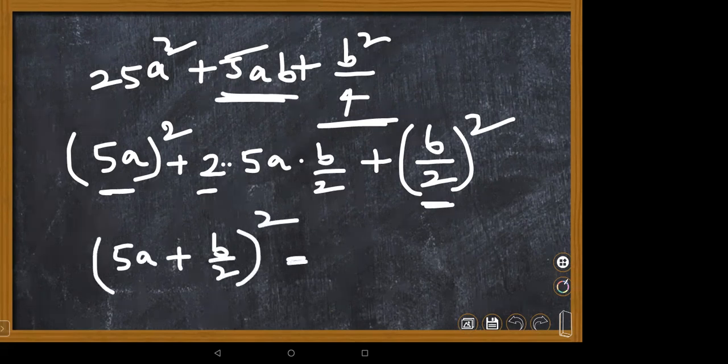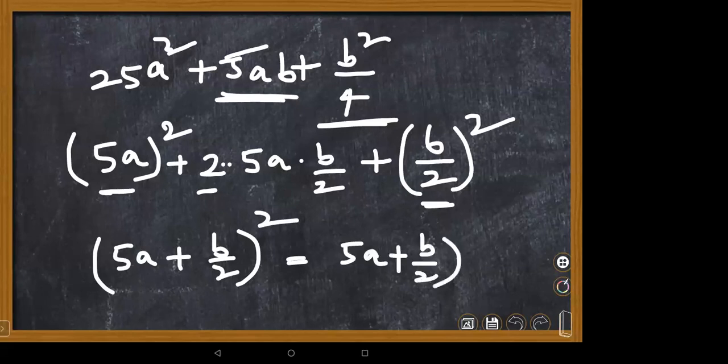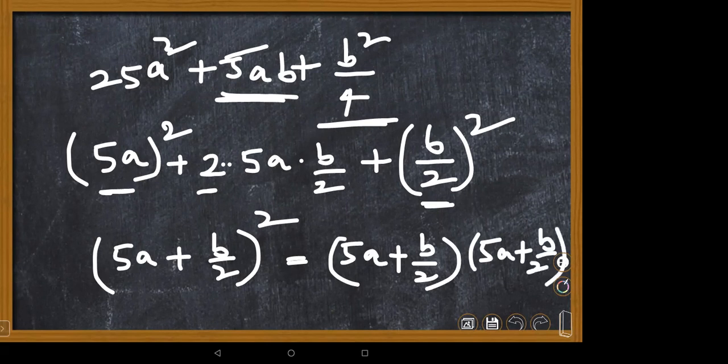In factor form, if you want to express as factors, 5a plus b by 2 bracket 5a plus b by 2. Any question, children, your step should be given, which format you are supposed to take. That's your target. Target is with you.